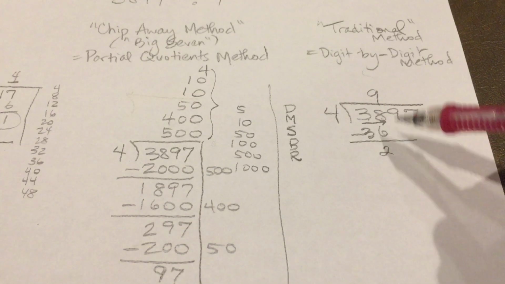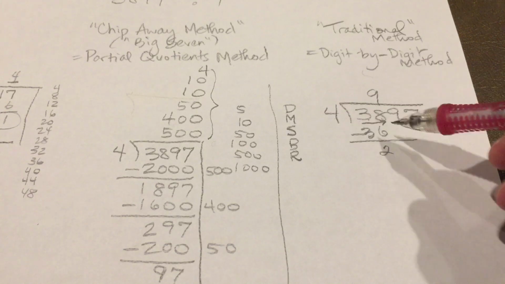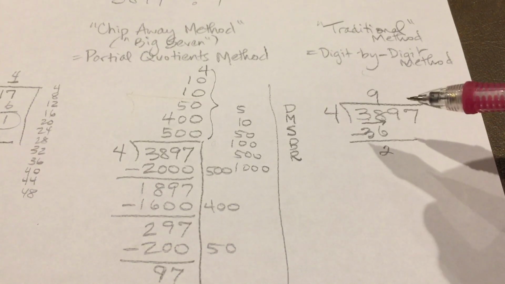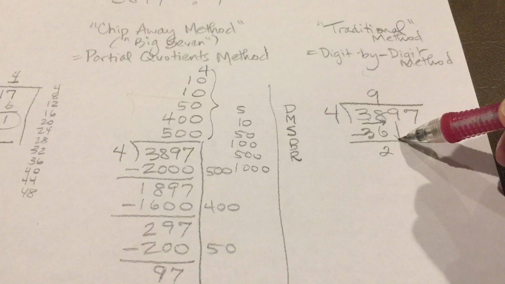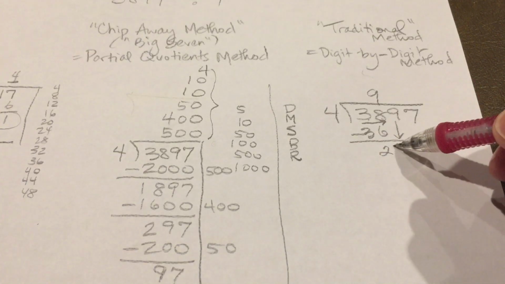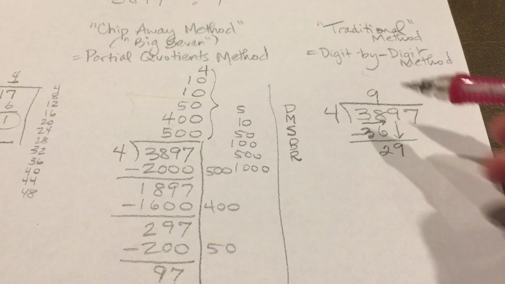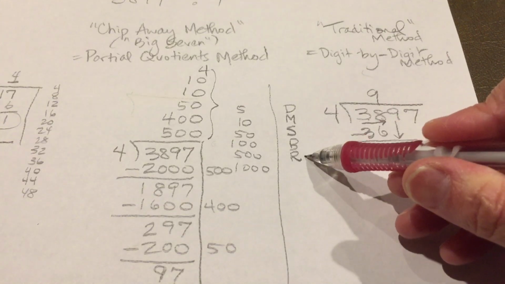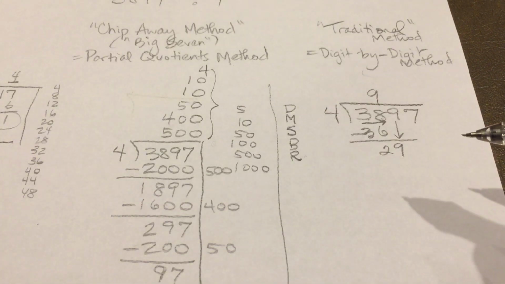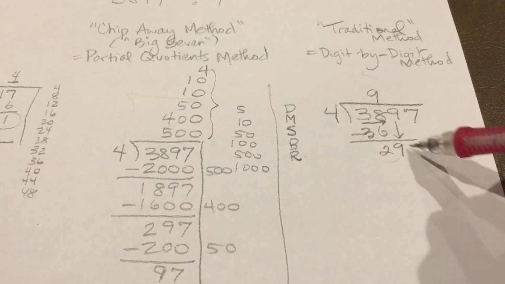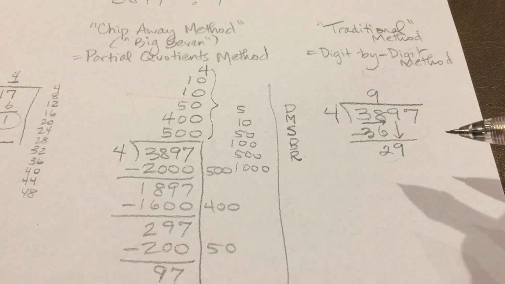I'll see how many are left over, but I just really think of it as 38 minus 36. But then because I haven't done the tens place, I'll now bring down, that's my B, the 9 from the tens place, and now I will repeat, or divide the 4 into the new leftover amount, which is 29.